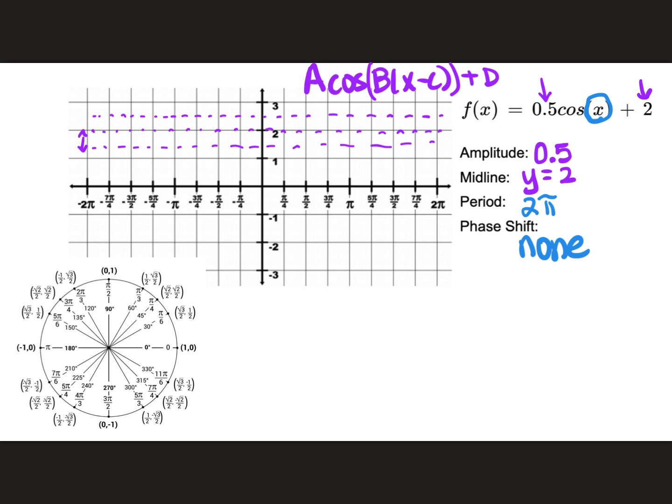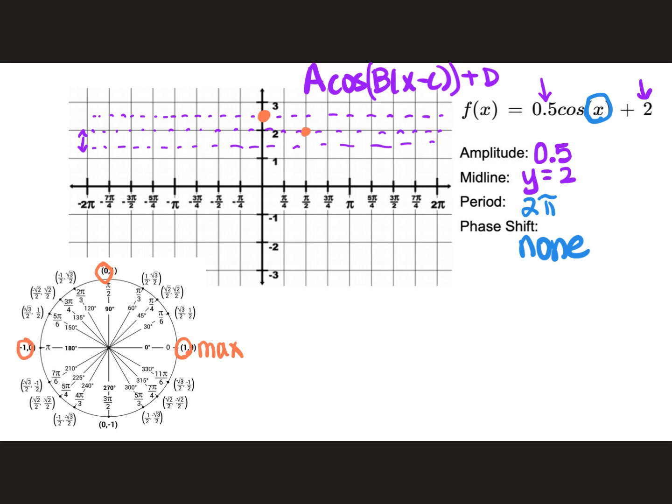So the cosine again started at 1, which means it's starting at the maximum. So we're going to start at the maximum. And then we went over here and it got to 0. Well, 0 is like the midline. So we're going to go down to the midline at pi over 2.